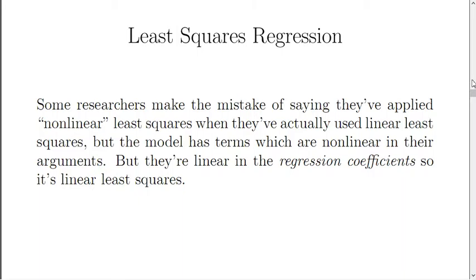Some researchers will make the mistake of saying that they've applied nonlinear least squares, when what they've actually done is used a nonlinear model. They're using linear least squares because the model is linear in its parameters, but the model has terms which are not linear in the arguments. But they're still linear in their regression coefficients, so it's still linear least squares.